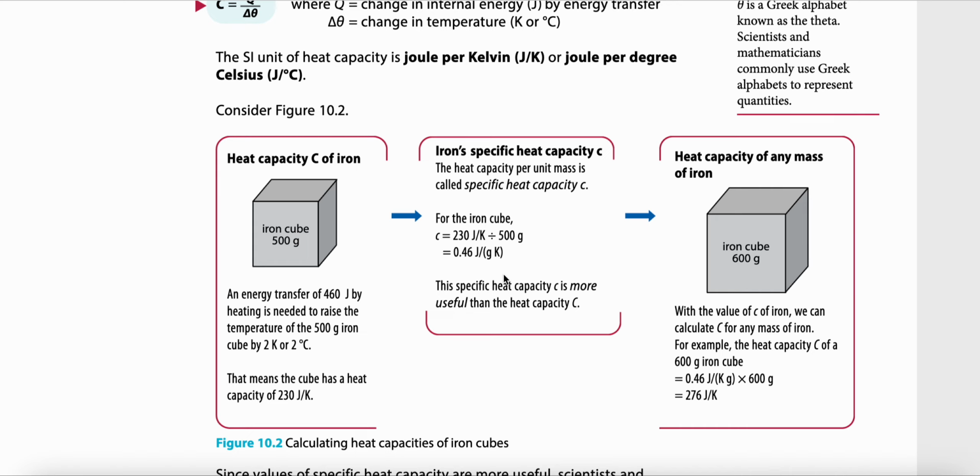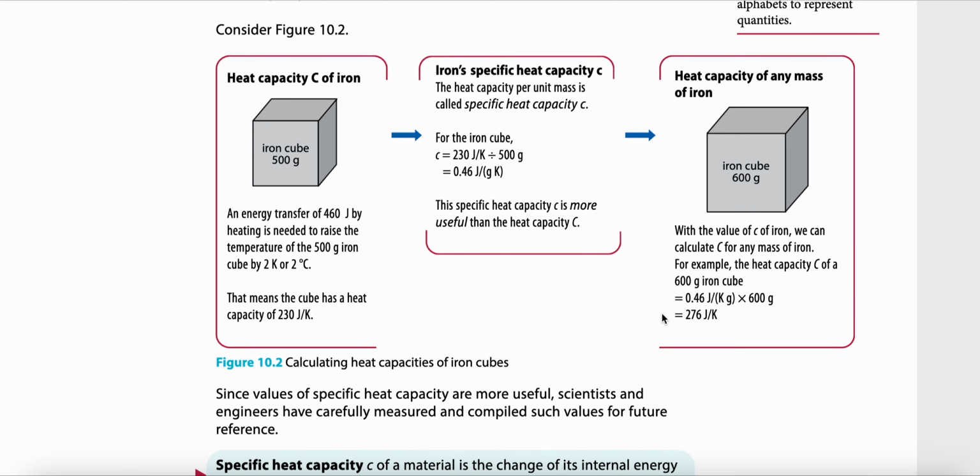And this is a more useful comparison with water, for example, because I know this number is for 1 gram of iron. So if I want to compare 1 gram of water, for example, then it will be a fair comparison. So specific capacity is actually more useful, right? So if I look at another calculation here, for example, now that I have specific capacity, I want to know the heat capacity of a 600 gram cube of iron.